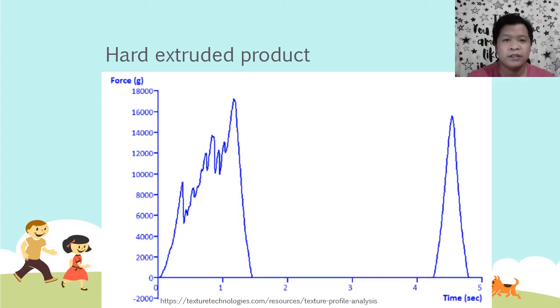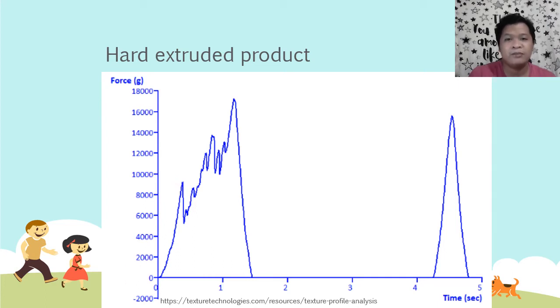So for this hard extruded product, as you can see here, ibang-iba yung itsura niya, mukha siyang jagged mountain. Okay. This product fractured many times that it was compressed, starting from around 9,250 grams, okay, at 0.385 seconds.